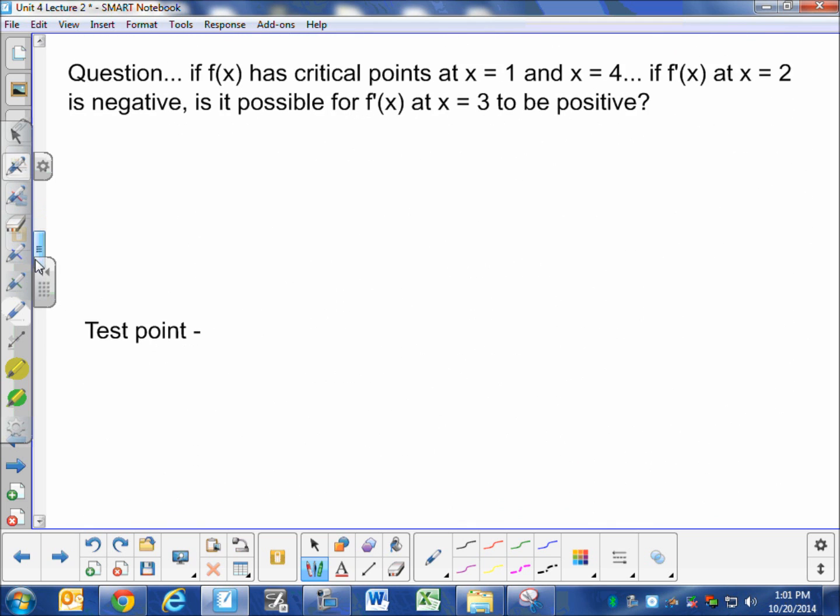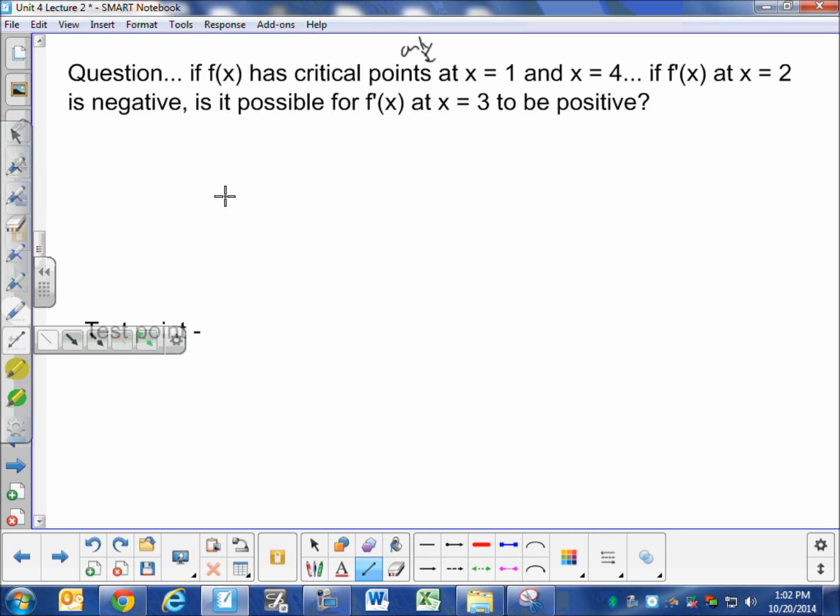Okay, before we go on, I have a question. If f has critical points only at x equals 1 and x equals 4, and if I say f prime at 2 is negative, is it possible for f prime at 3 to be positive? So read that again. Let me sketch it out for you.